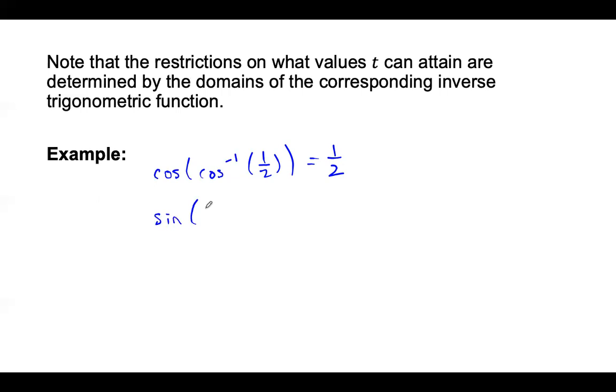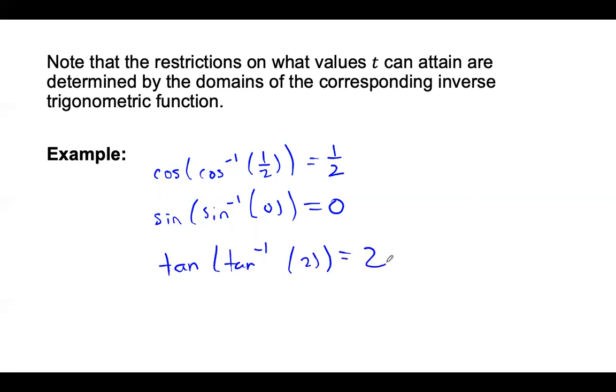Sine of sine inverse of 0 is going to be equal to 0 because 0 is between -1 and 1. Tan of tan inverse of 2 is equal to 2 because it's for every real number. So this is okay.